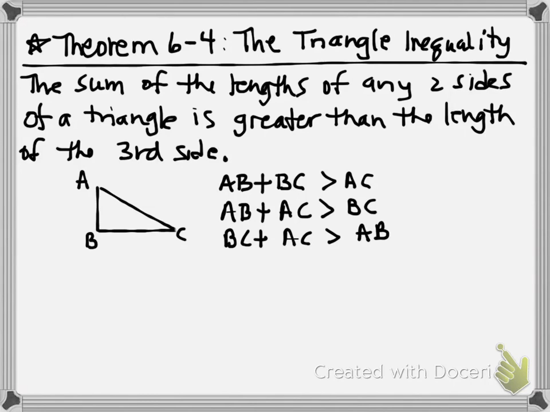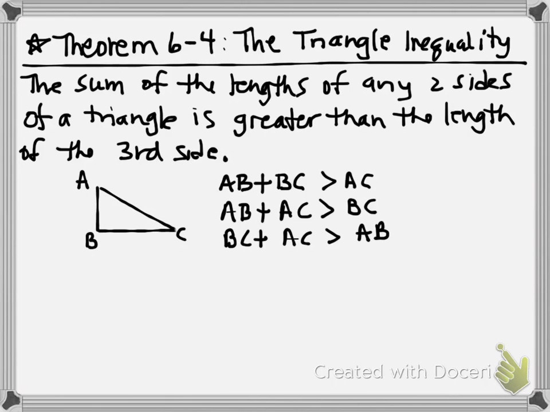And you're going to use corollary 1 to help you with this type of proof, because you're going to create a perpendicular line, creating it to be the shortest distance, so that you can do a comparison, and that shortest distance would be the smallest one.